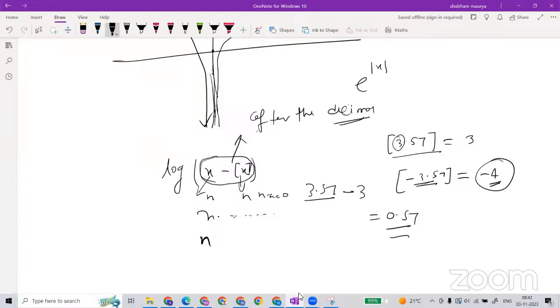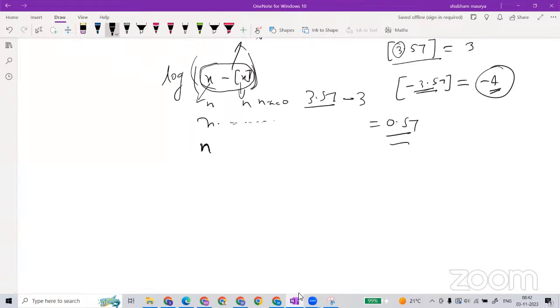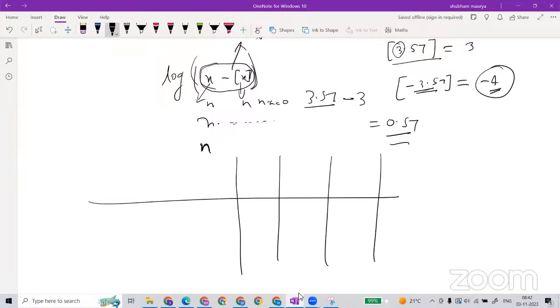So at each integer you are getting 0, and the log is not defined there. So it will behave like an asymptote at 1, 2, 3, 4.